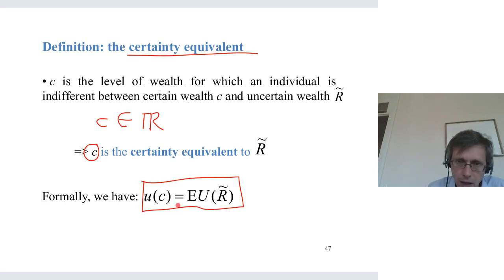So I repeat, the certainty equivalent is the level of wealth that you can obtain for sure, which is such that an individual is just indifferent between this certain amount of wealth, c, and playing an uncertain lottery, that is receiving R tilde. And the tilde means that there is uncertainty about the amount of wealth that you're going to receive in the future.